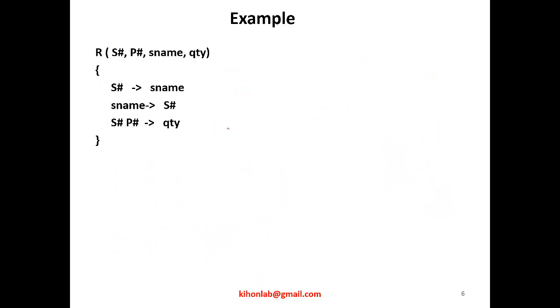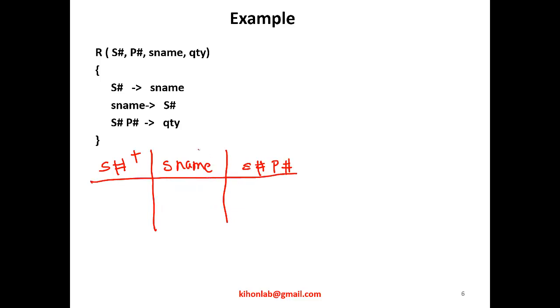Now we can see one more example here. Again we are trying to find the attribute closure. I have here some attributes: S#, S name, a similar type of example to what we have discussed, S# and P#. Similarly here, S# derives S#, self attribute, S name. And one thing you observe: S name derives S#, already added over here.